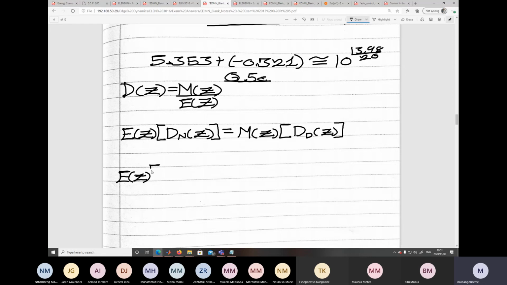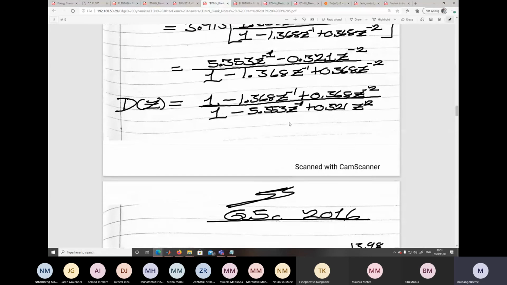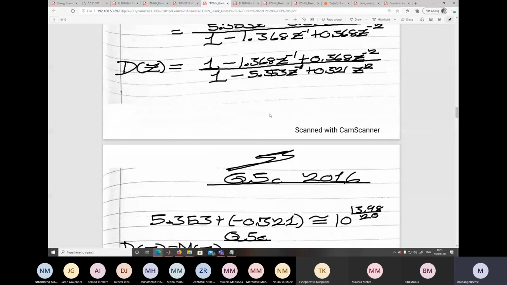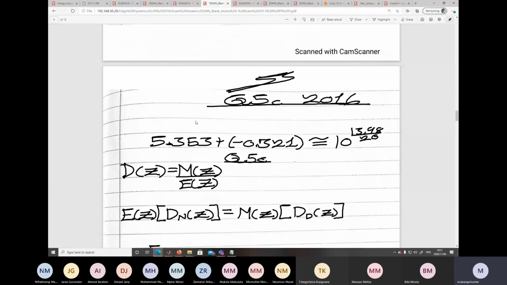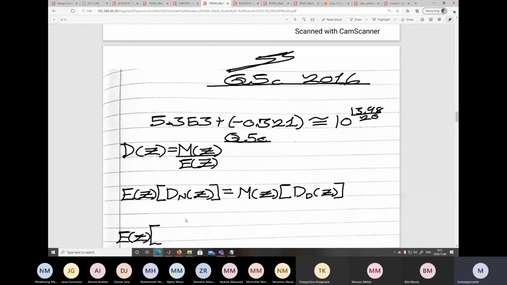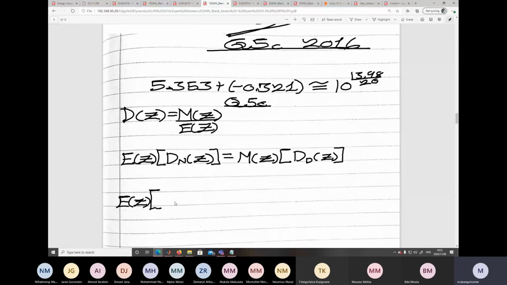Or do I need to scroll up? Can I go straight to the time domain difference equation, or do you want me to write this out first? I can read it out for you so you can just write it out one time.